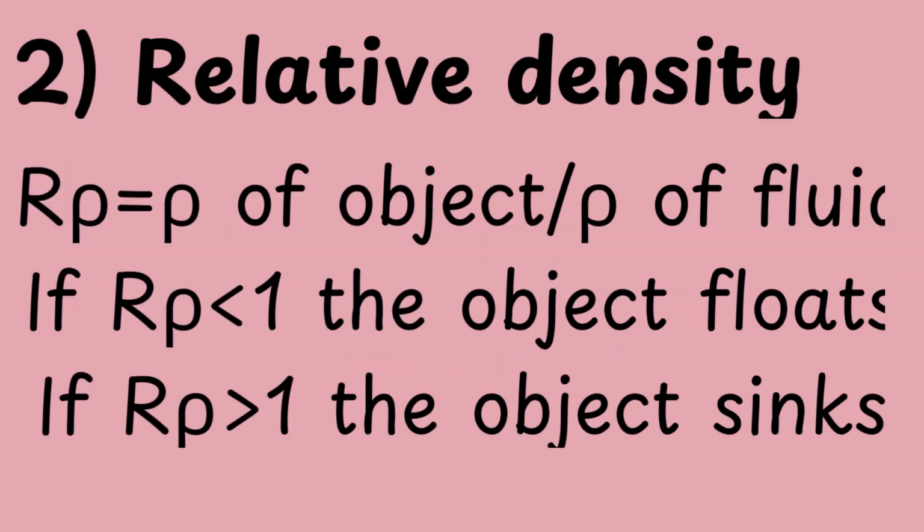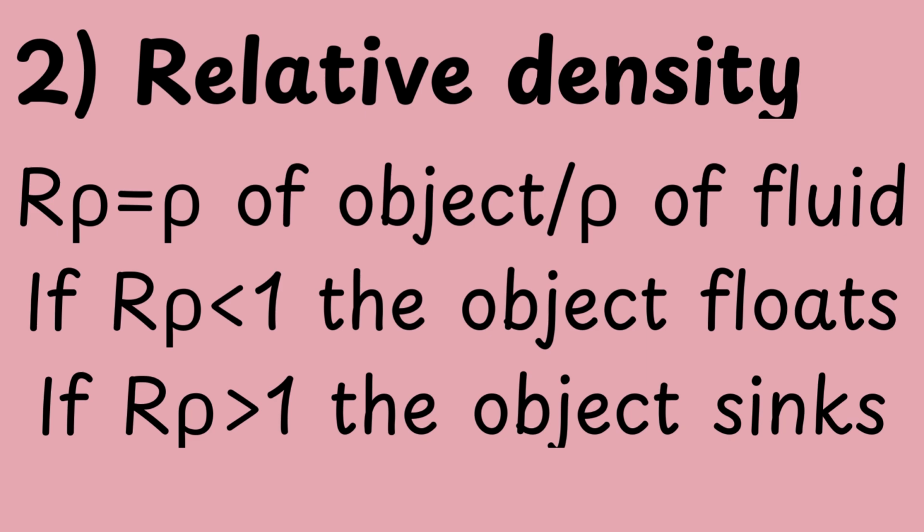Second factor affecting floating and sinking, a very important factor, is relative density. When you see the term relative, it basically means to relate. And for you to relate, you need to have two people. Like you're comparing how you are related.